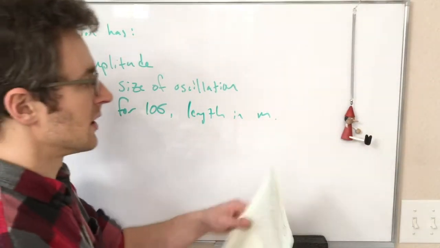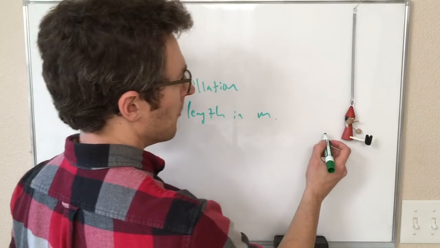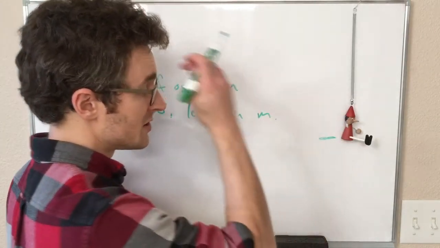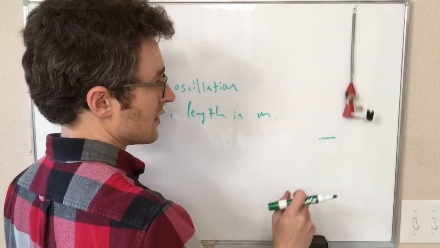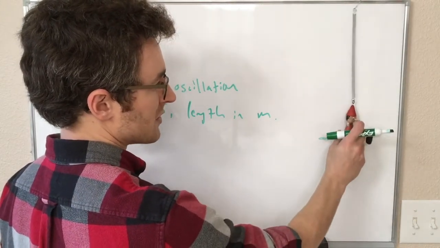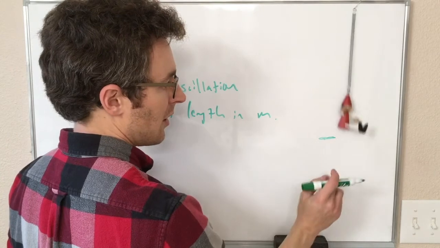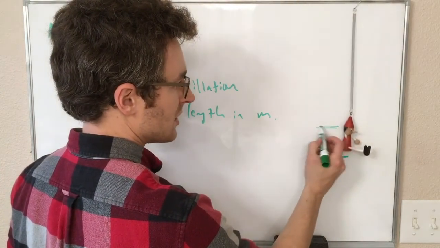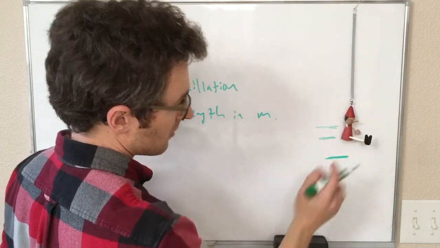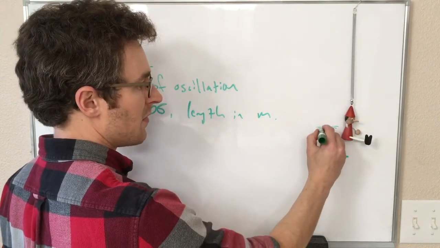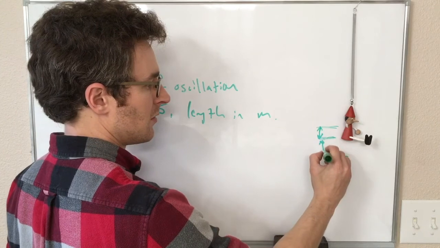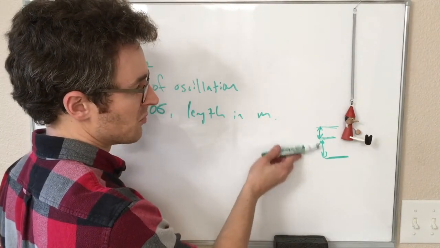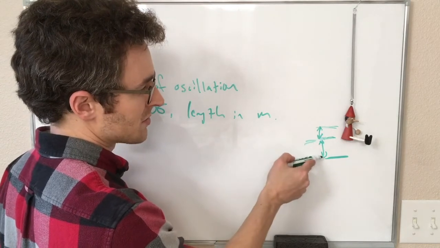So if this thing is oscillating up and down, the amplitude is how far it is above and below its equilibrium position. So if it's oscillating like this, where we're measuring from its bottom, and the bottom's going down to there, and the top's going up to here, this is not very symmetric, but as we will see if we do the numbers, these two parts should be the same, and the amplitude is this distance.